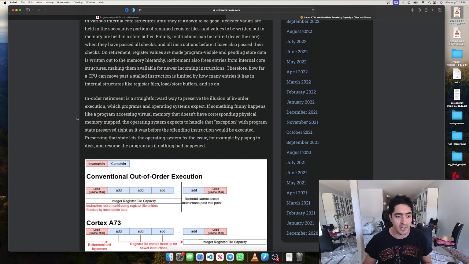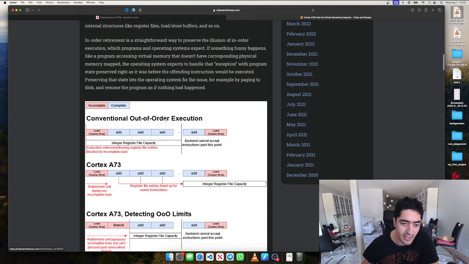If something funny happens, like a program accessing virtual memory that doesn't have a corresponding physical memory mapping, the operating system expects to handle that exception with program state preserved right as it was before the offending instruction would be executed. Preserving the state lets the operating system fix the issue, for example by paging to disk, and resume the program as if nothing had happened.